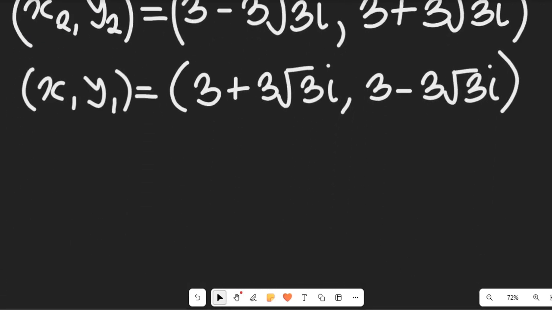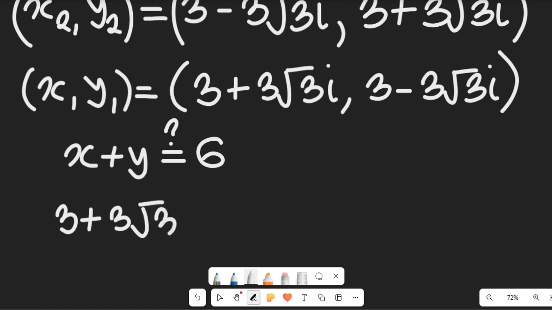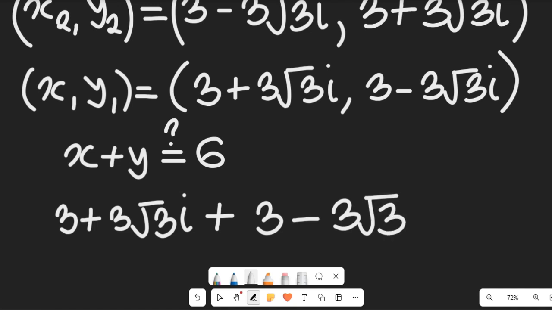So let's insert this into x plus y. We are told that is equal to 6. If we insert that, will we be able to find 6? x1 is 3 plus 3 root 3i, plus y, which is 3 minus 3 root 3i.